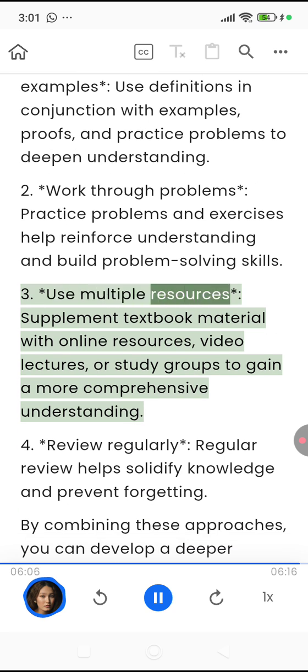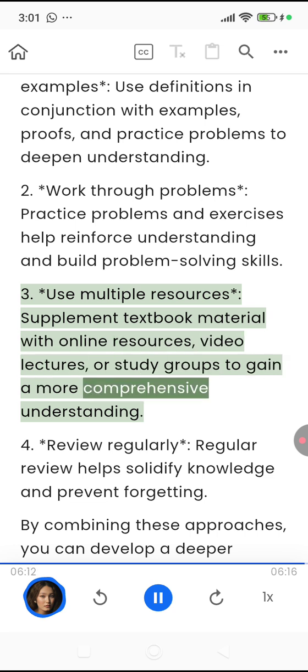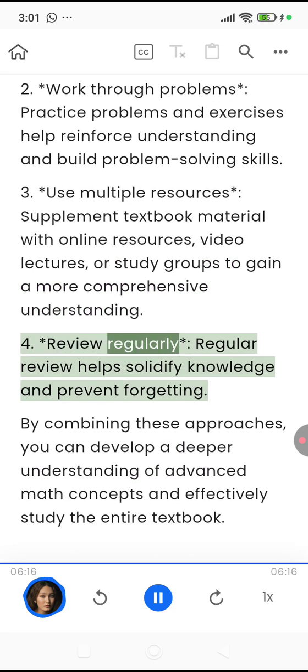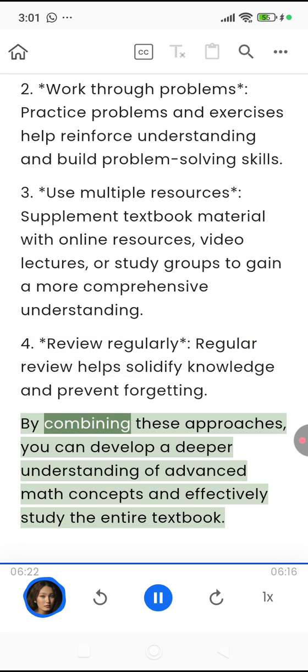Use multiple resources. Supplement textbook material with online resources, video lectures, or study groups to gain a more comprehensive understanding. 4. Review regularly. Regular review helps solidify knowledge and prevent forgetting. By combining these approaches, you can develop a deeper understanding of advanced math concepts and effectively study the entire textbook.